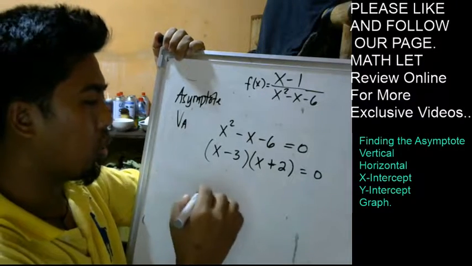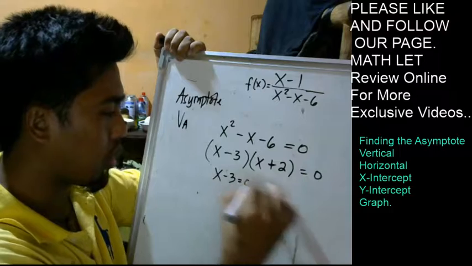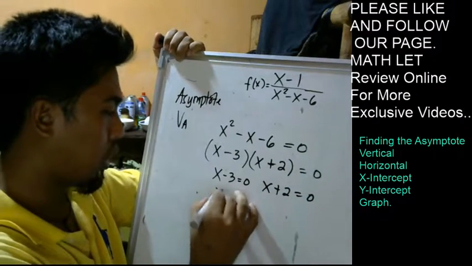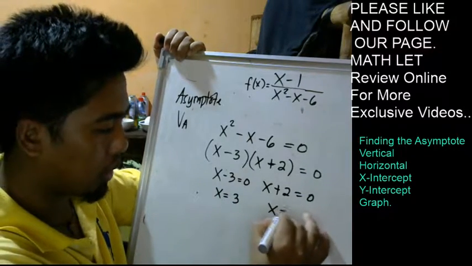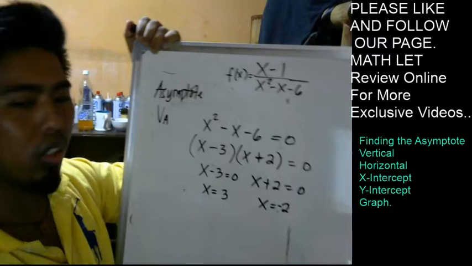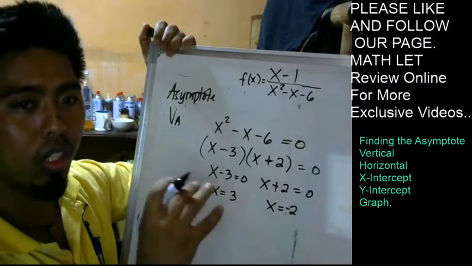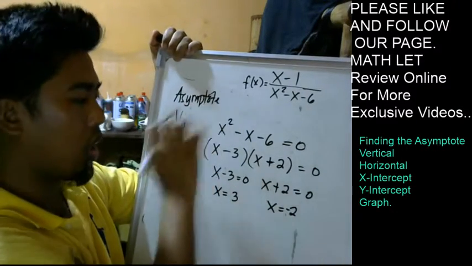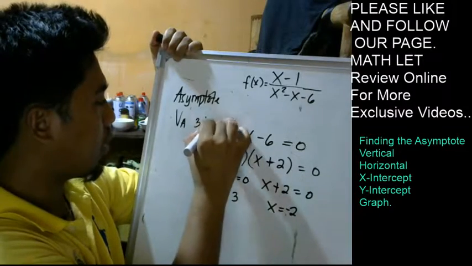So therefore, ang atong vertical asymptotes is x minus 3 equal to 0 and x plus 2 equal to 0. So it should be x positive 3 and x negative 2. Okay? So our vertical asymptotes are 3 and negative 2.